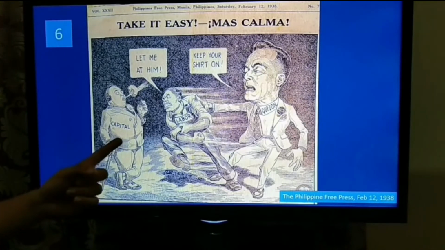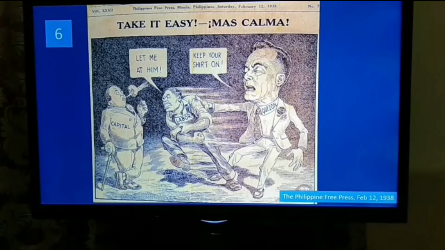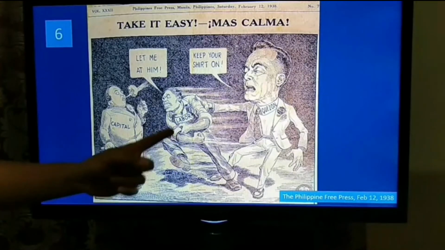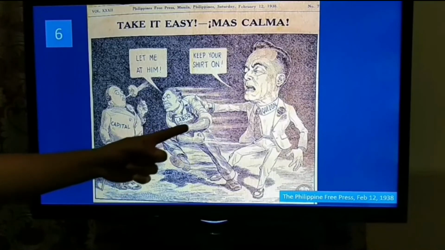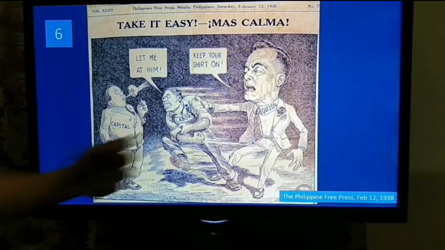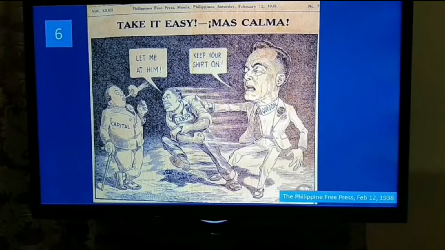They seem to be carefree of the needs of the poor. And so they may have some labor disputes, okay? Some things that they demand to improve their status as laborers, but the capitalists wouldn't give. Now, the government, represented by Quezon, is on whose side?